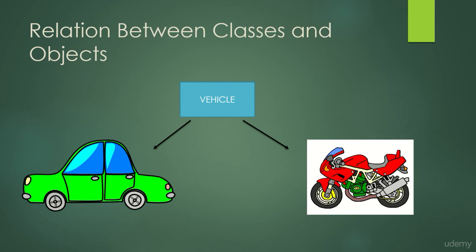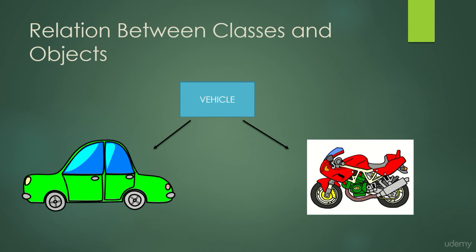Now take a look. Suppose a vehicle is our class. Now what is a vehicle? You use a vehicle to go from one place to another, right? So suppose vehicle is a class, and we have car and bike. A car can be used to travel from one place to another. A bike can be used to travel from one place to another.